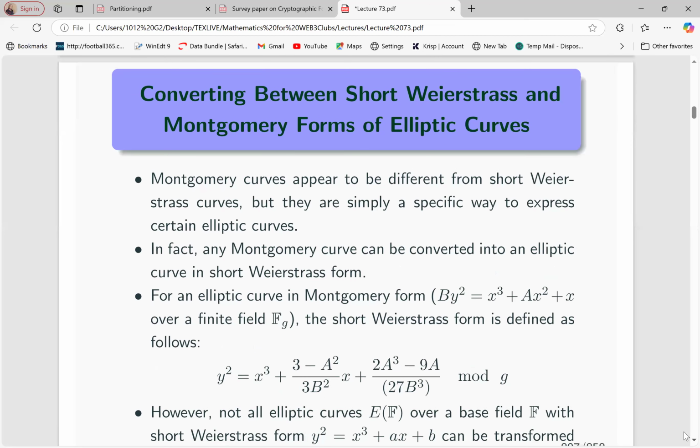Now, if you are given a Montgomery curve, this is the Montgomery curve. Its equivalent short Weierstrass form is this. Remember, short Weierstrass form is an equation of this kind.